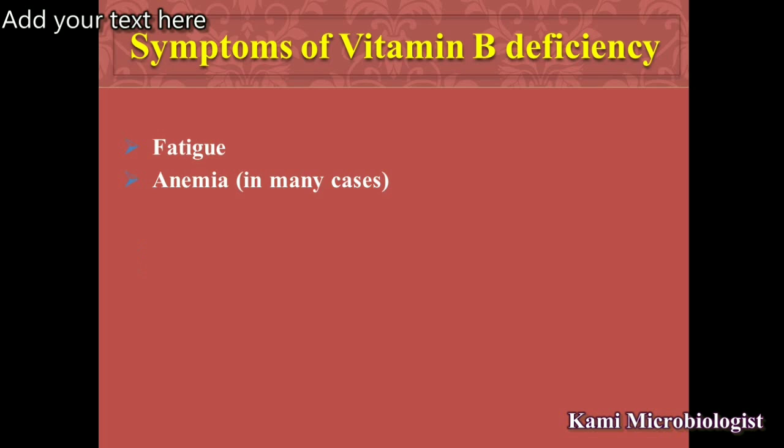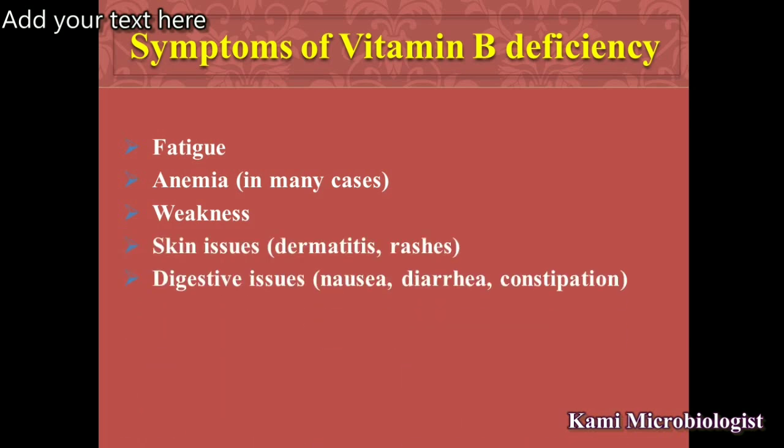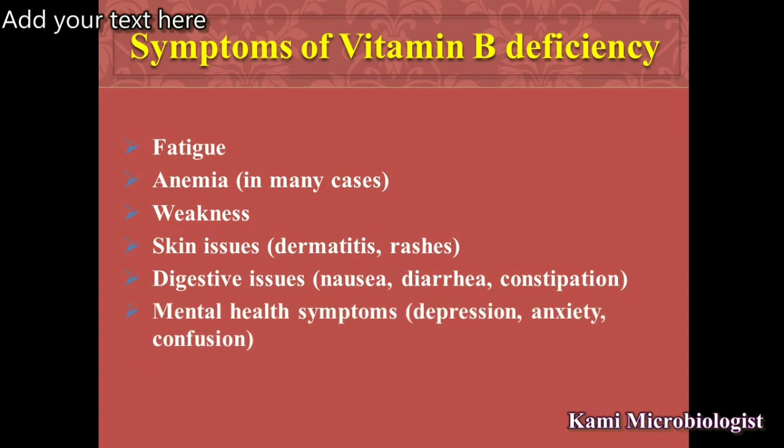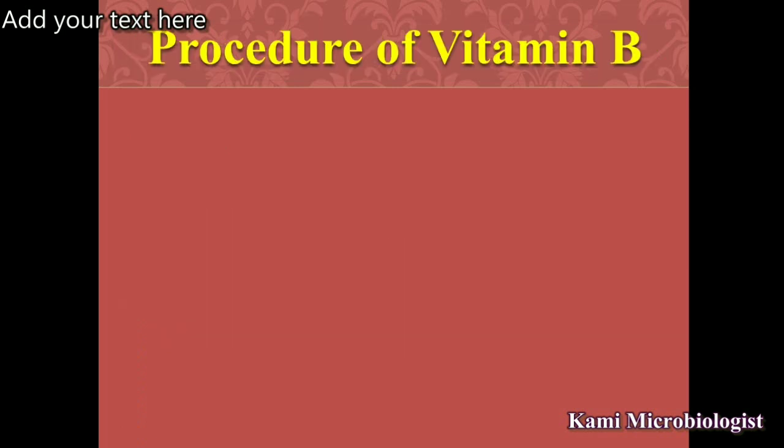Then weakness, skin issues like dermatitis and rashes, digestive issues like nausea, diarrhea, constipation, and mental health symptoms like depression, anxiety, confusion. So these are the main symptoms that will appear when vitamin B gets low.